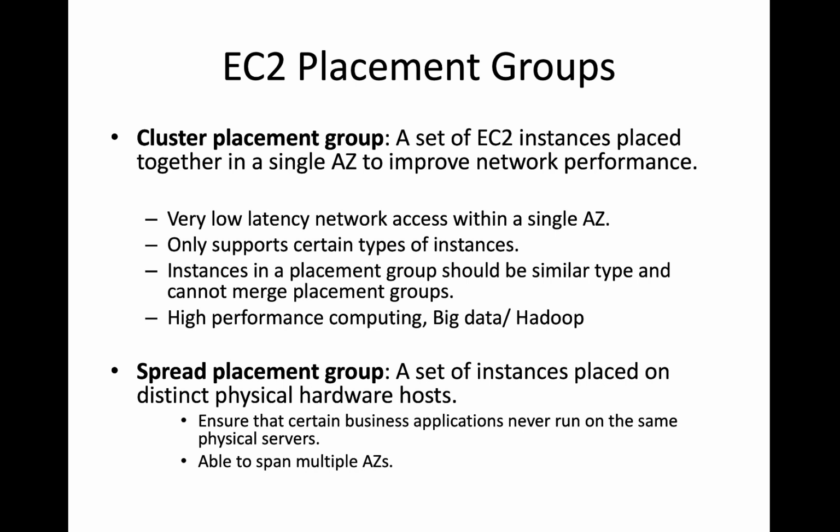You never want these instances to ever be running on the same physical host machines. And so you might do this because you're running a business application, and you want to make sure the applications never end up on the same physical server, because if a physical server were to fail, then it might take out more than one business application, and that could cause a serious problem for you.